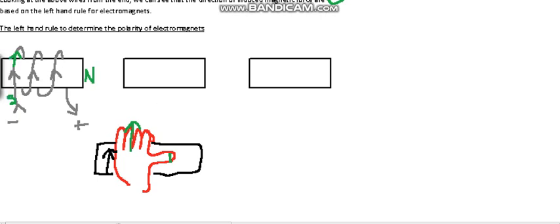So let's try another one here. I'm going to change something. I'm going to say my wire is wrapped around like this. I'm going behind it first and then out like that. So my wire is wrapping around in this direction. And we're going to say that I have a negative here and a positive there.